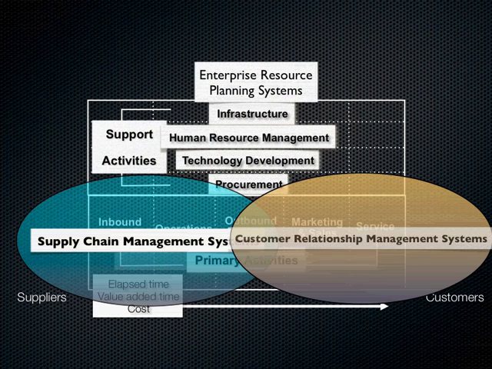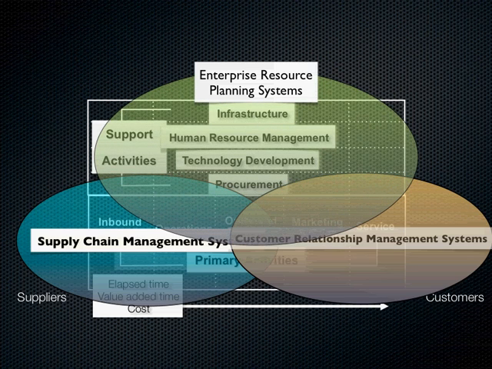Now we layer on top of the primary activities of the value chain the support activities, and we see that enterprise resource planning systems, or ERP systems, such as Oracle Financials or PeopleSoft or SAP, cover mostly those activities that are support activities.